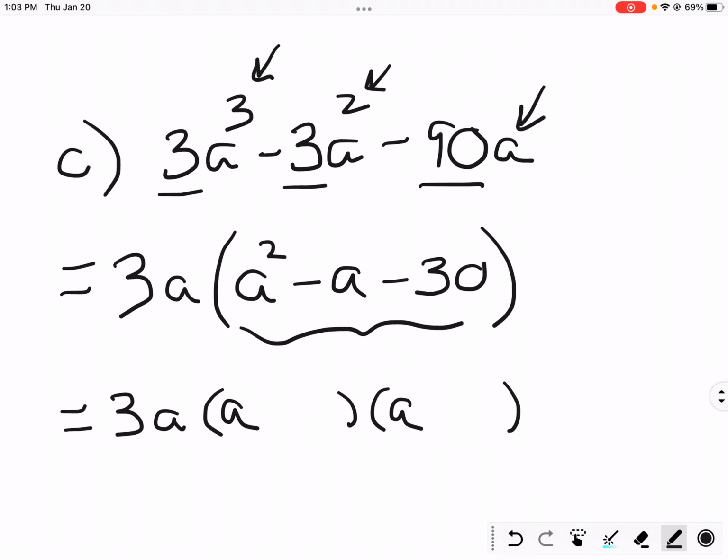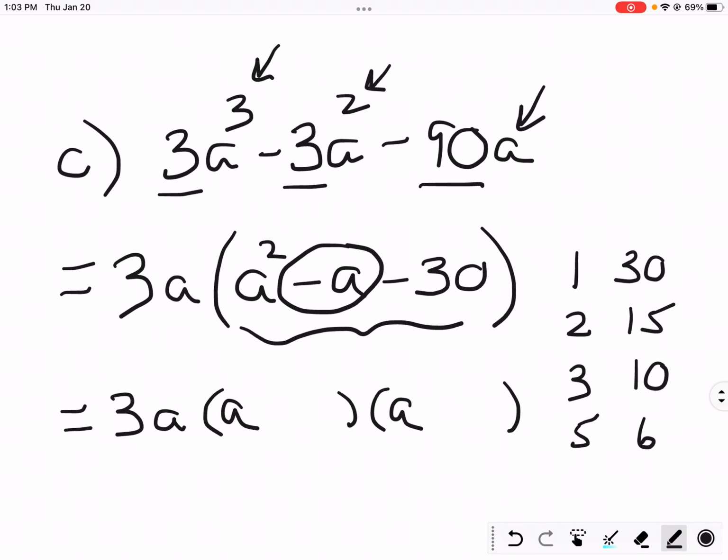So what numbers multiply to give 30? 1 and 30. You don't need to write these down, by the way. I'm just doing it to show you my thought process. Those are all the options that multiply to give 30, and we're looking for a sum of negative 1.